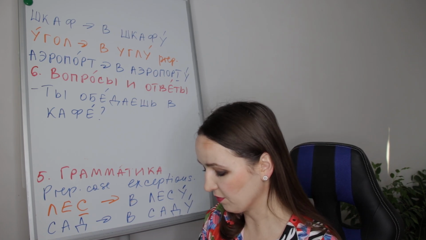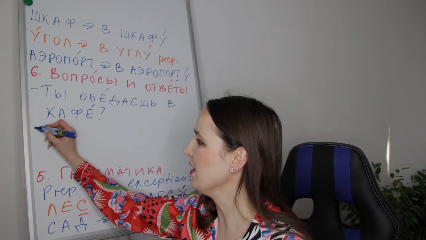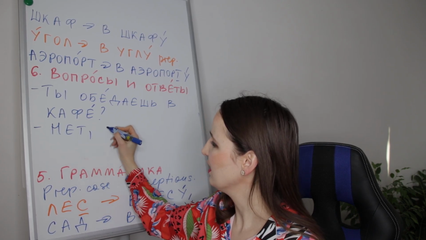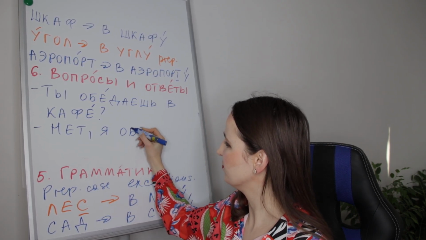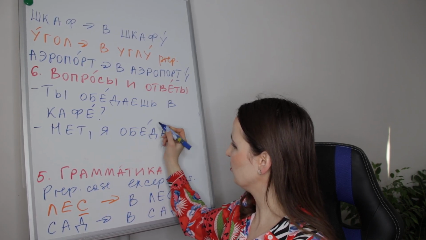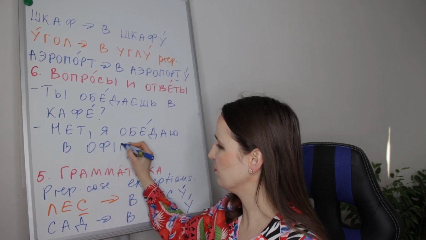Ты обедаешь в кафе? Нет, я обедаю в офисе. No, I have lunch at the office. Я обедаю в where? At the office. В офис.